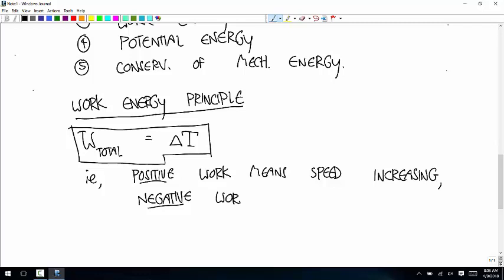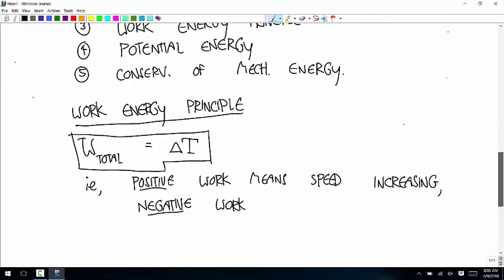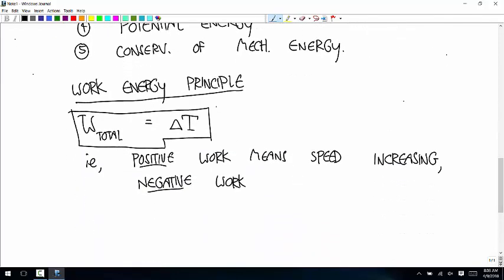Well, that's the order of topics we're going through. So these two, you know what those mean. These three, you don't really. Well, now I've given you the work energy principle. But this is just the flow of the things as we're going to discuss them. So negative work means the speed is decreasing.